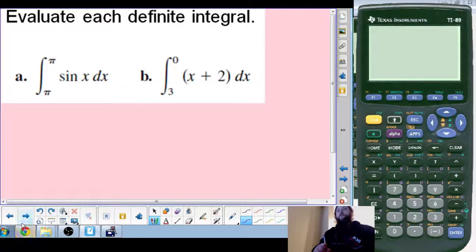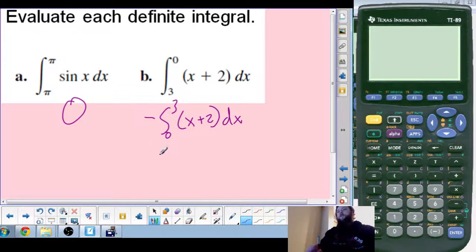All right, so let's evaluate some integrals. For the first one, it's sine of x, but we're going from pi to pi, we know that's going to be 0. The second one here, it's from 3 to 0, and that's kind of weird. We can rewrite that as negative, just do the opposite, from 0 to 3, putting the larger number on top, of x plus 2. If we use our old system, this would be x squared over 2 plus 2x. We'll negative all that from 3 to 0.